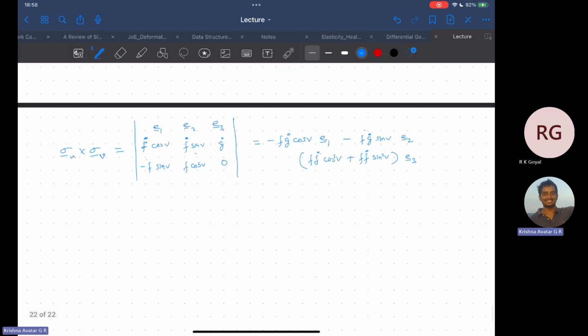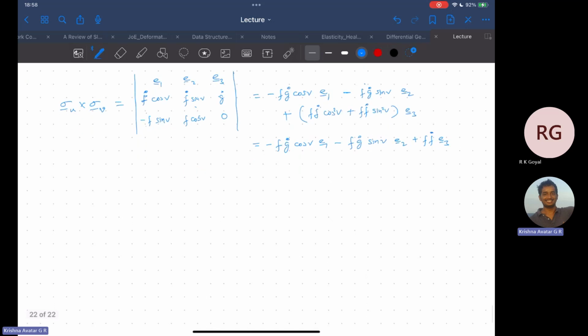So let's take a look now. If we simplify it, we have minus f g dot cosine v E1 minus f g dot sine v E2, and for this part we have f into f dot E3.